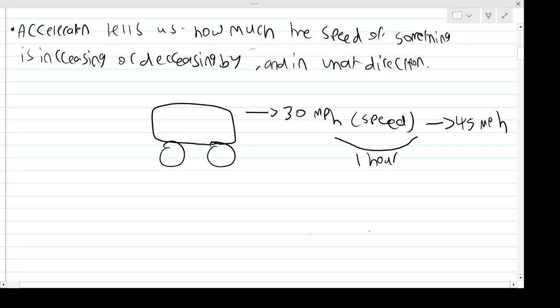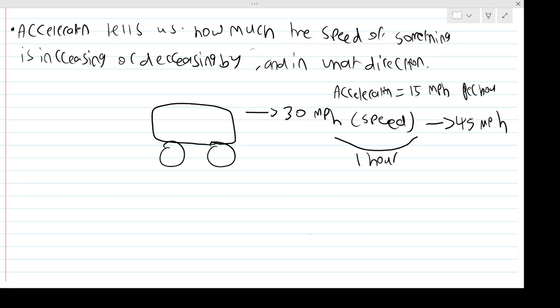So the acceleration of the car then, if it's to do with change in speed, or so how much it's increasing or decreasing by the speed, that means in 1 hour it's changed 15. So the acceleration is here 15 miles per hour per hour.